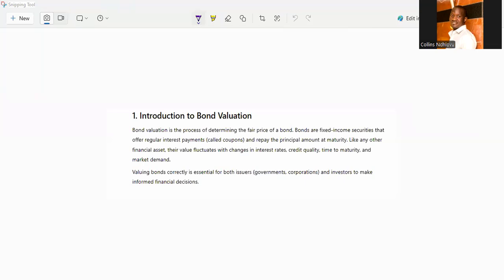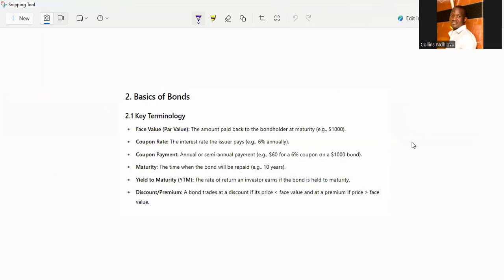Some of the key terminologies we must acquaint ourselves with when it comes to bonds: number one, what is the face value? Face value is simply the amount that has to be paid back to the bondholder at maturity, usually 1,000. The minimum in Zambia is 1,000 kwacha that you can buy a bond for.